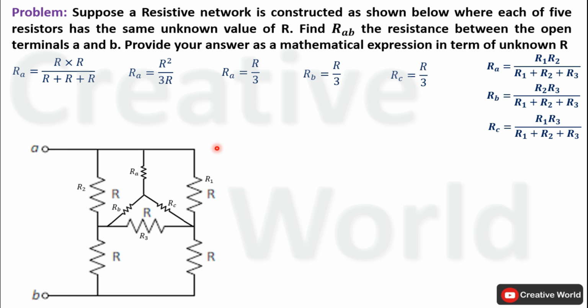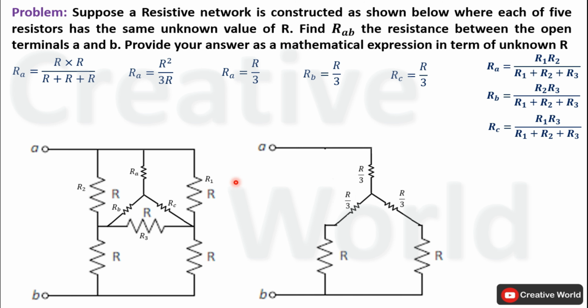We have calculated equivalent resistances in star connection of this delta connection. Now we can replace this delta connection with star connection completely. Delta connection is replaced with star connection. At this stage, these two resistances and these two resistances are converted into series connection. So we can find their equivalent resistance by adding the values of these two resistances together.